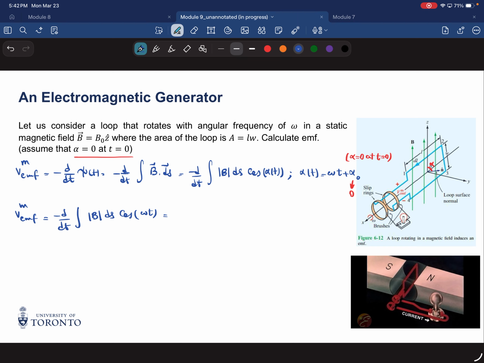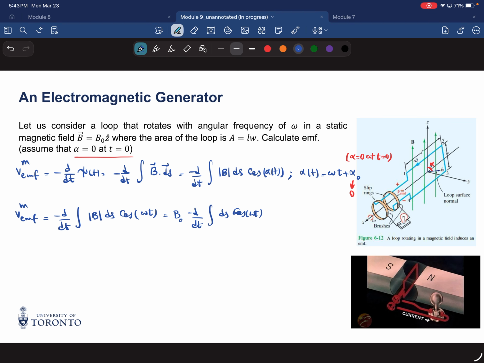Since the amplitude of B is not changing with time, I'll take it out of the integral, and I'll take it out of the integral because it's not changing with space. It's always B naught z hat, so I leave it B naught. And I'm taking it out of the derivative as well because it's not changing by time. Now, what is left here is minus d over dt of dS cosine omega t.